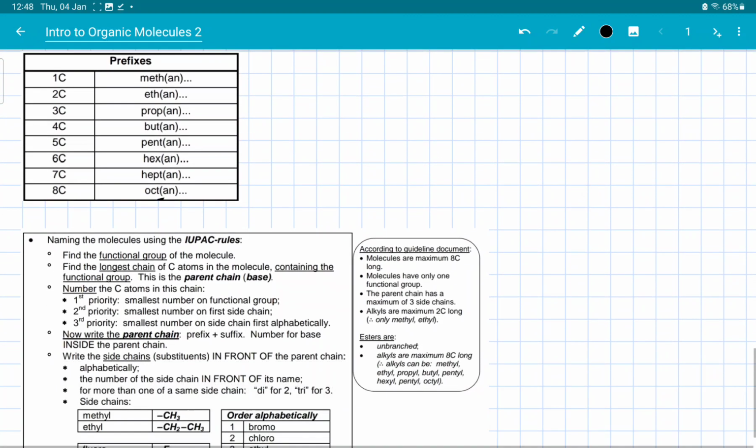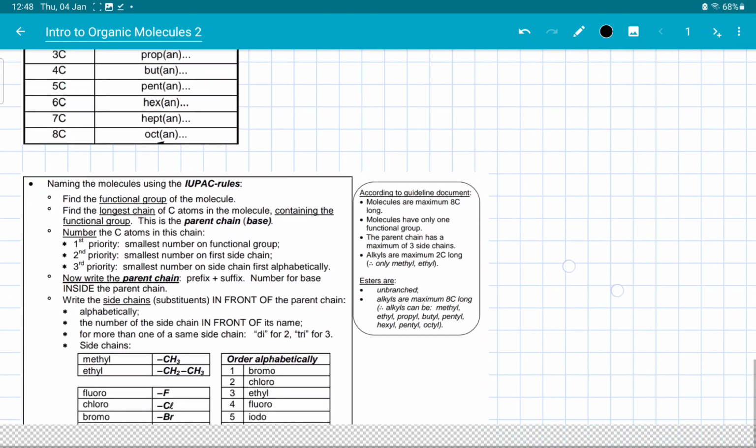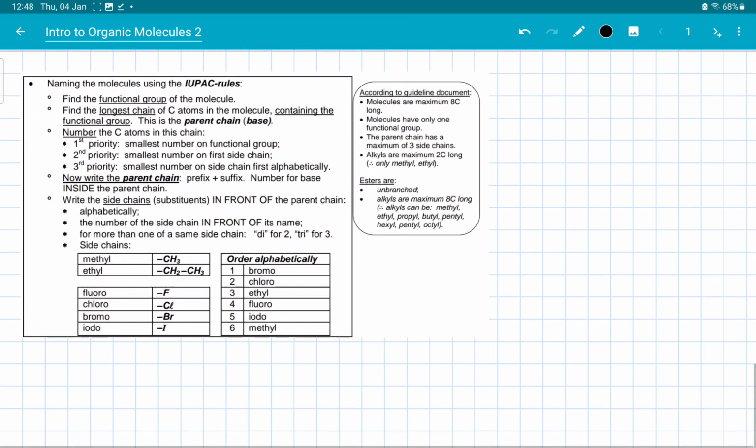These are the naming rules. You can pause if you are going to struggle a bit. Basically, these are the IUPAC naming rules. I for International, U for Union of Pure and Applied Chemistry.